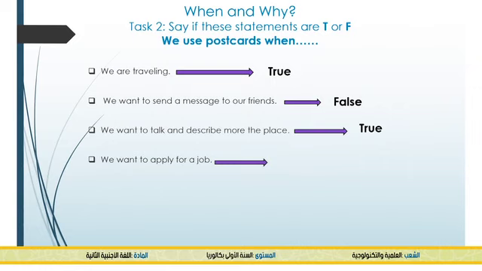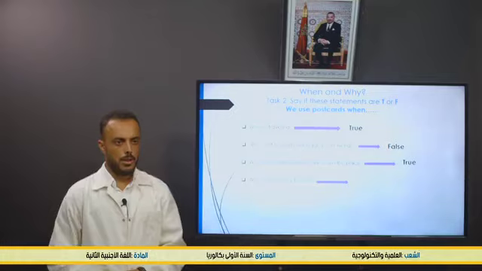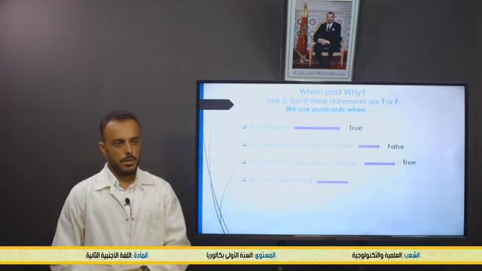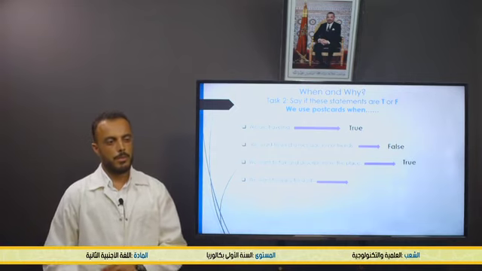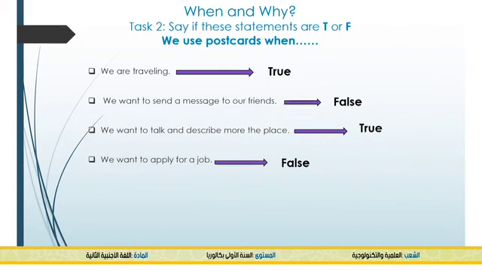I think you have not gone through the experience of applying for a job yet, but hopefully you will in the coming time. So, do we need a postcard to apply for a job? We don't need a postcard, of course, to apply for a job. That's false. To apply for a job, we need other writing modes. We're going to see them later.